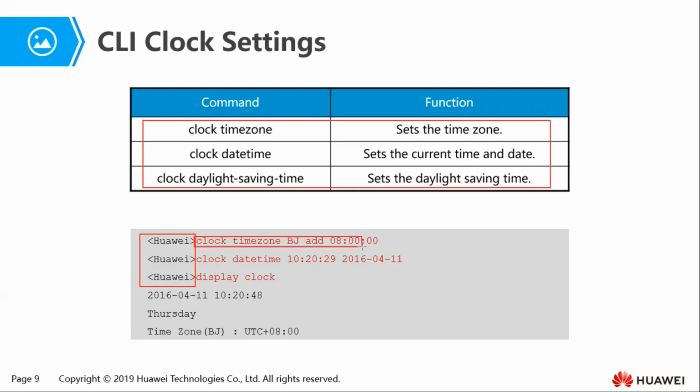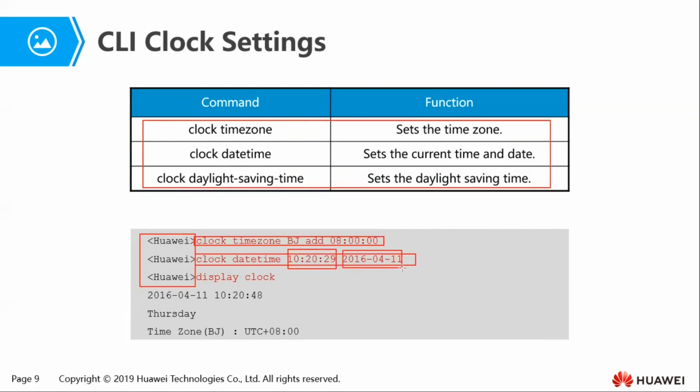For example, when you want to change the time zone, you can do clock timezone. Then, for example, I think ours is GMT +3. So GMT add 03 for hours, 00 for minutes, and 00 for seconds. Then you can also set the date and the time. So this is the time here, starting with hours, minutes, and seconds.